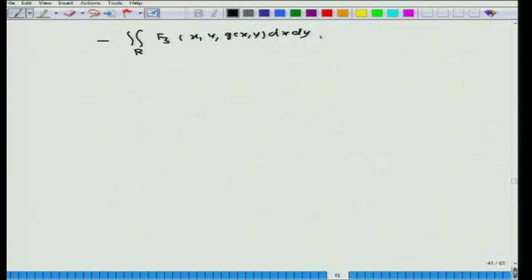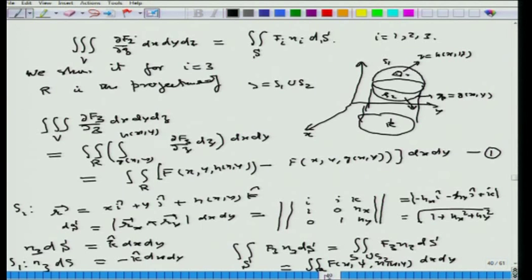So, we see that it matches with the quantity here for each i.